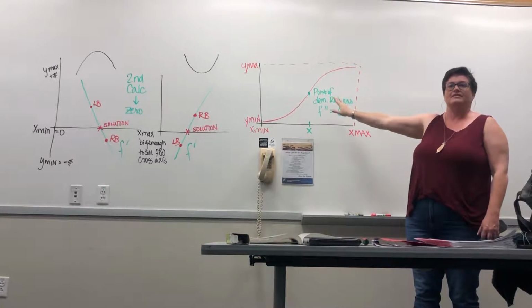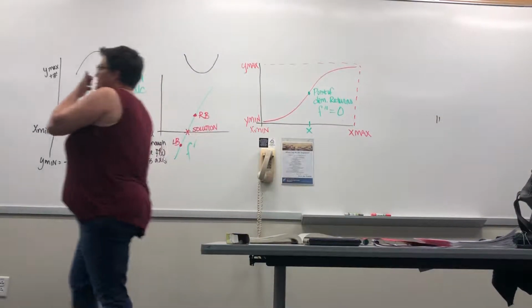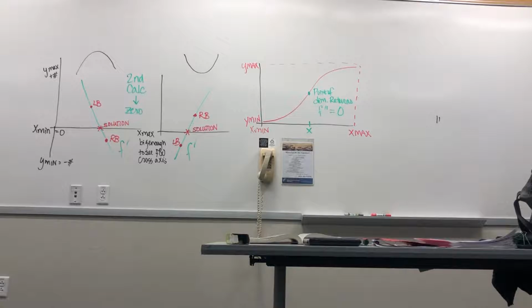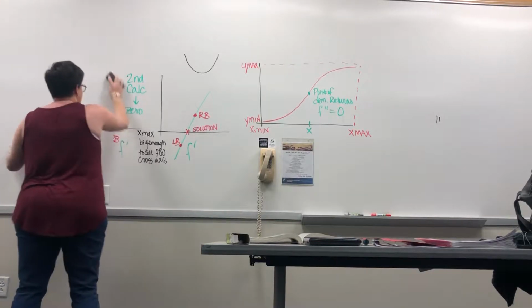And that one looks like this, okay? So those are really the 3 things you need to know from chapter 10. So I'm gonna erase all these pretty pictures. And then we're gonna do a problem.